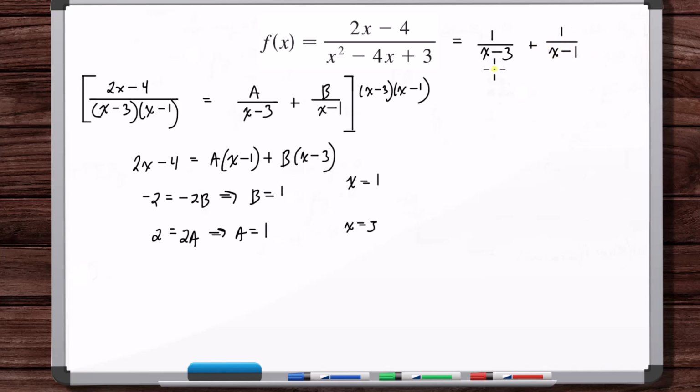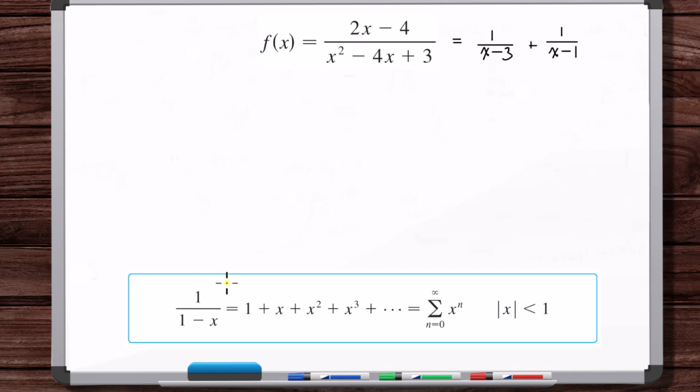There we go. So now we can compare these, and these forms we can work with. So what we've got is minus 3 plus x, and then minus 1 plus x.